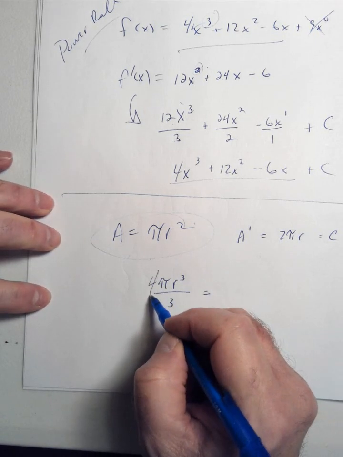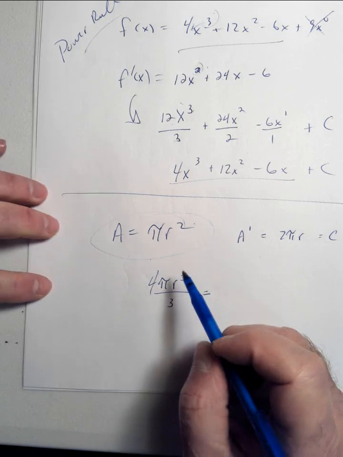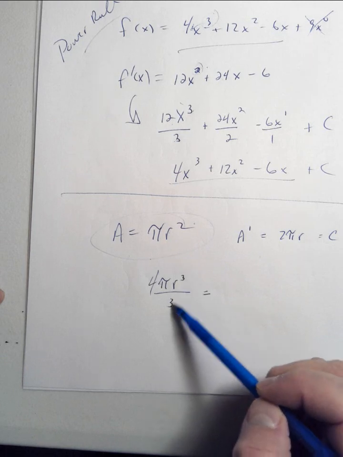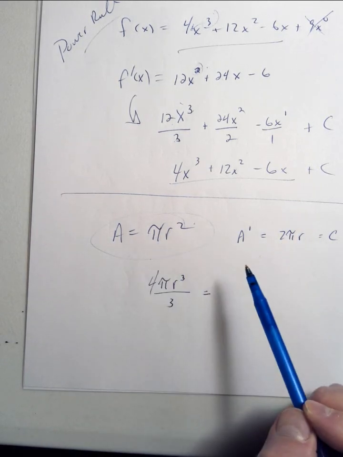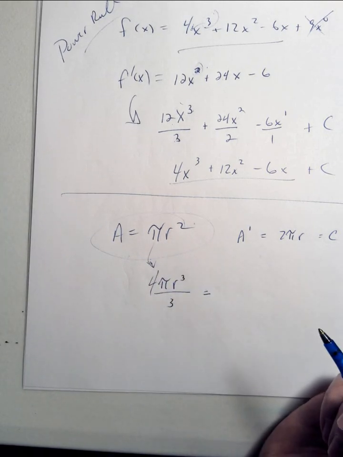This should be a 4. So what did I do wrong here? Pi r cubed over 3. Forgive me, this should be 4. It's the volume is what it ends up being. So what did I do wrong here?